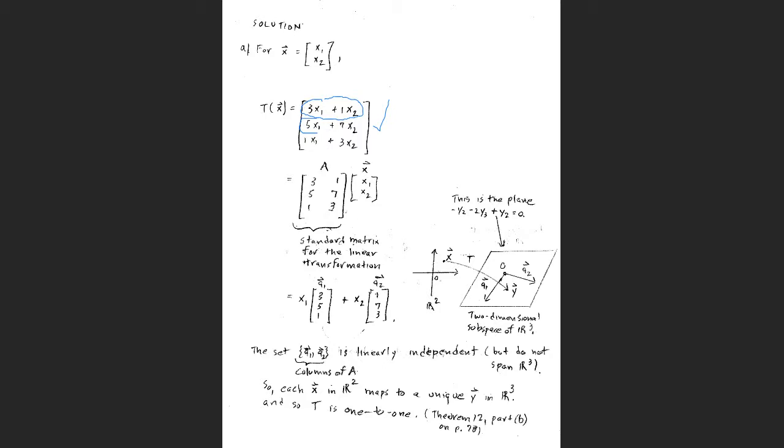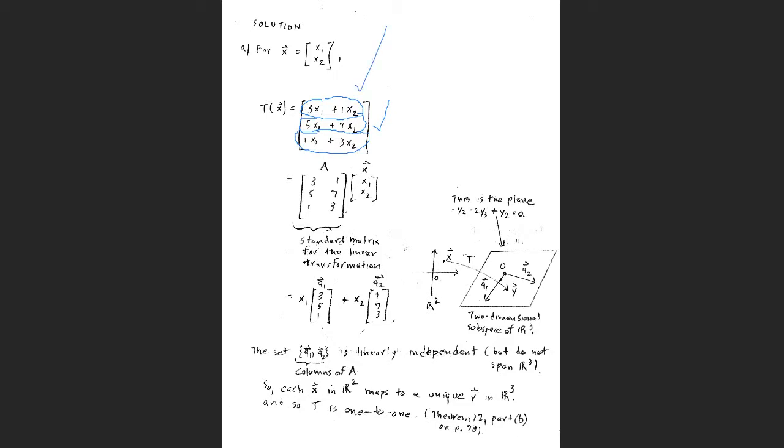You're taking a vector x, which lives in R squared, two-dimensional space, and you're mapping it to a vector in three-dimensional space. And this is the rule that does that.